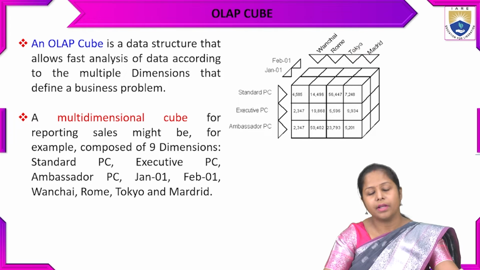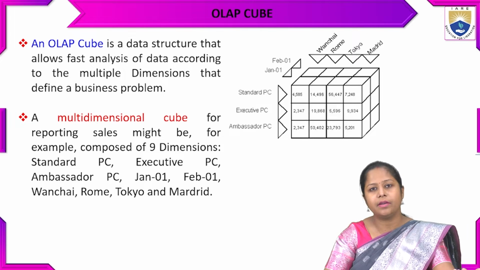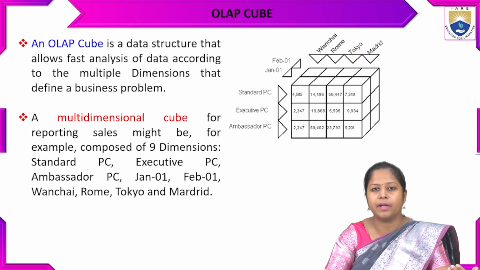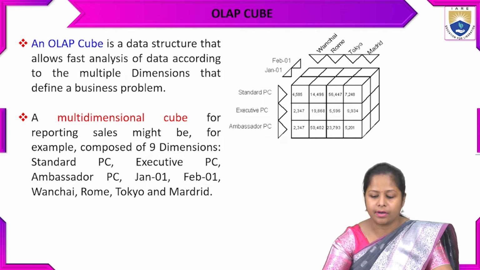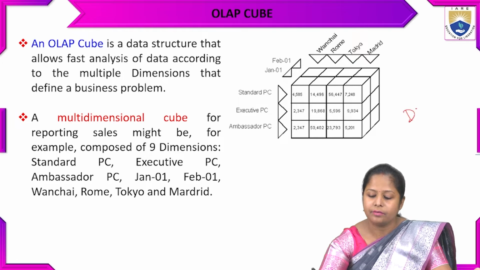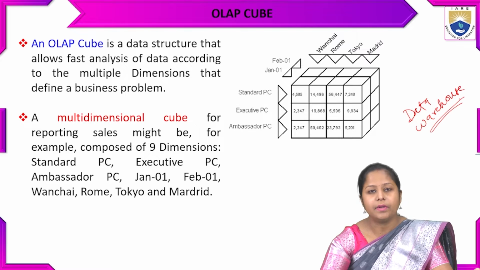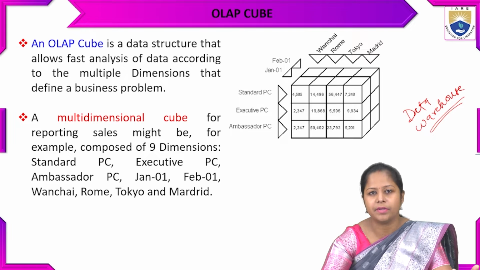In the earlier course, we were introduced to different multidimensional cubes. So what are multidimensional data cubes? That is nothing but the view of data from the data warehouse. Any data will be seen in the form of a data cube, that is, a multi-dimensional view of data.